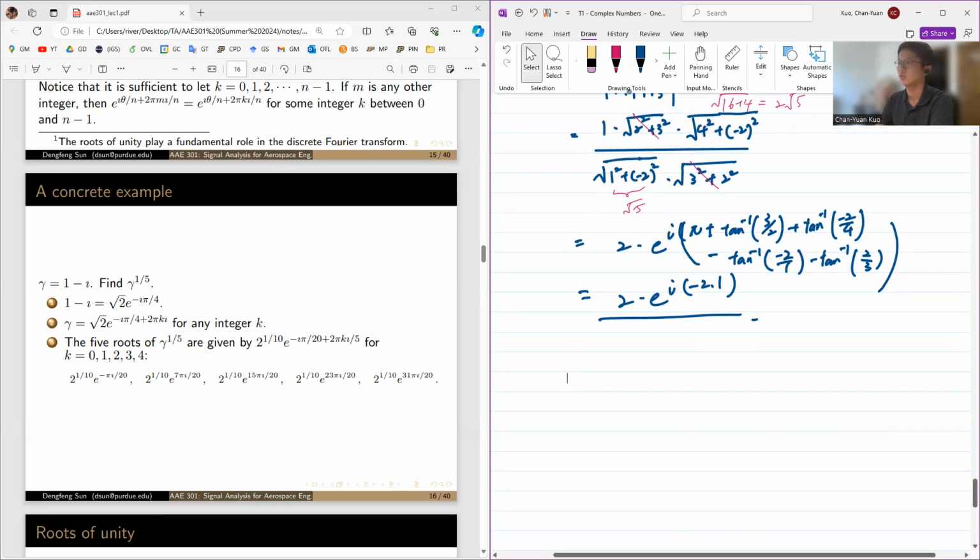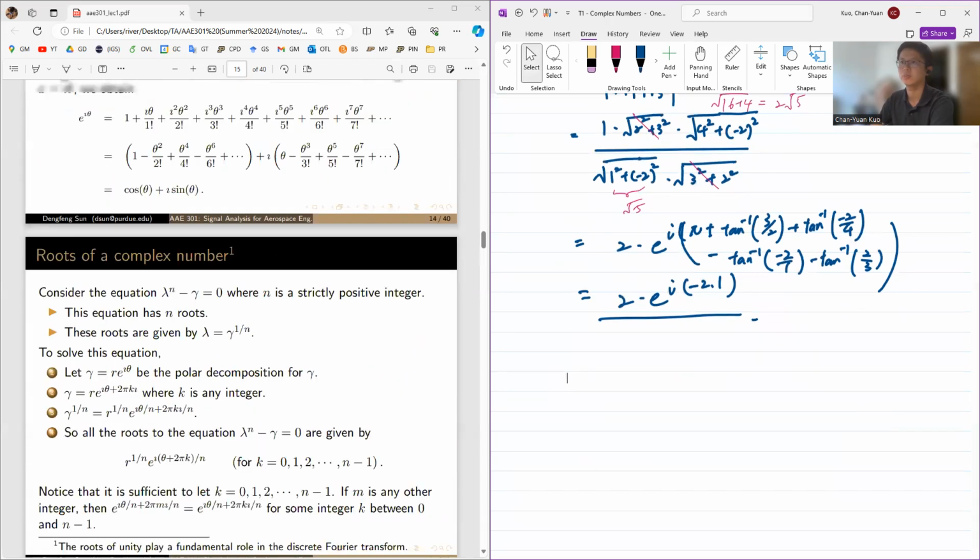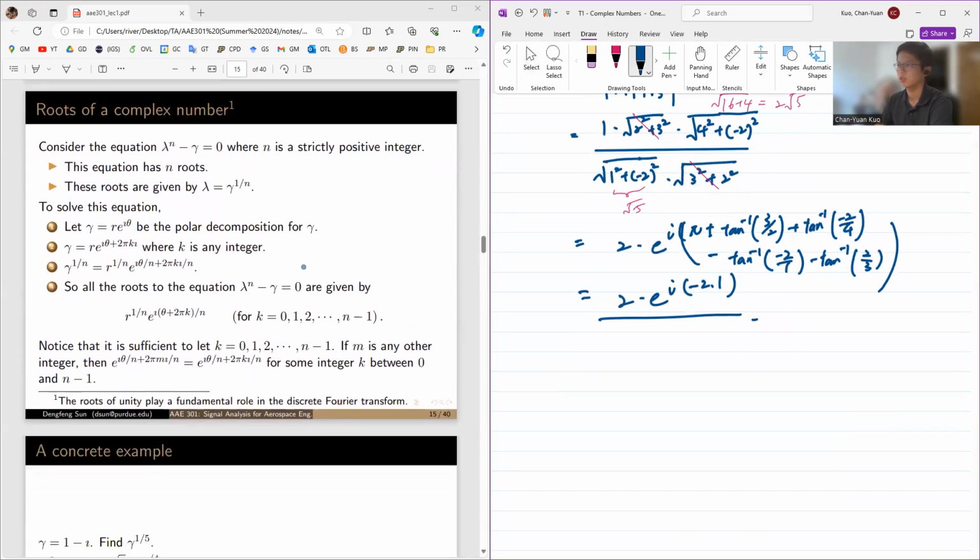So here, let's go back to this page. Let's see how we can use polar form to obtain the solution to this polynomial equation. So we have lambda to the power of n minus gamma equals 0, where gamma is a complex number.